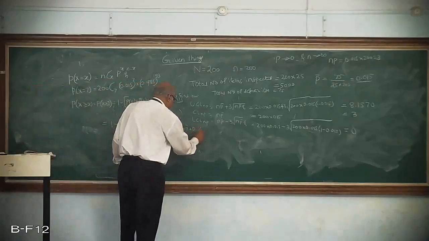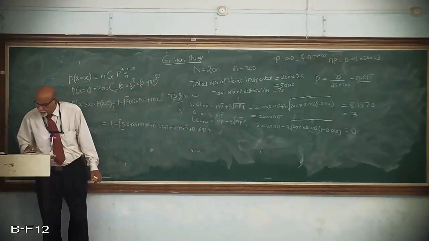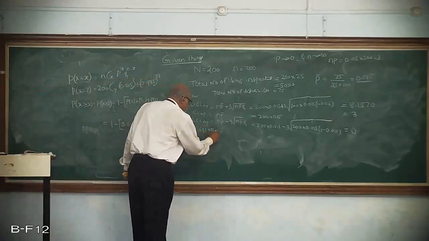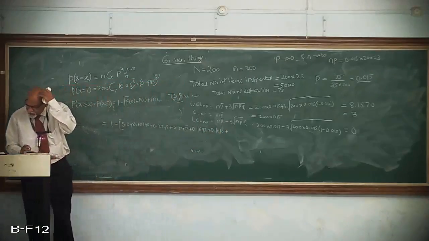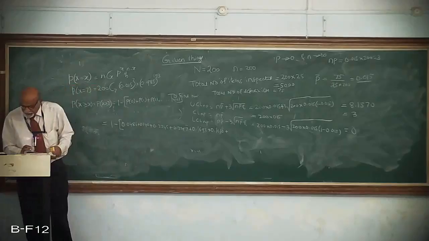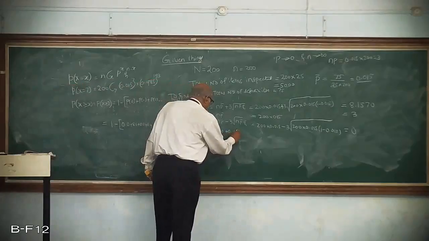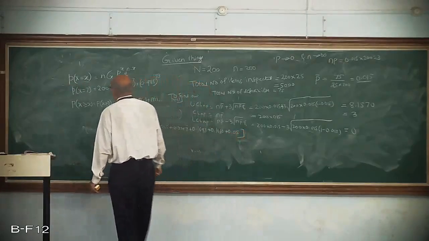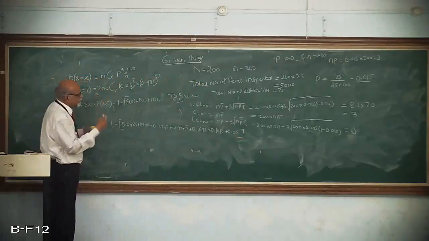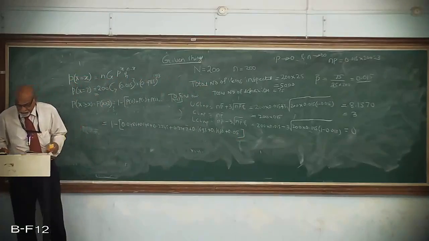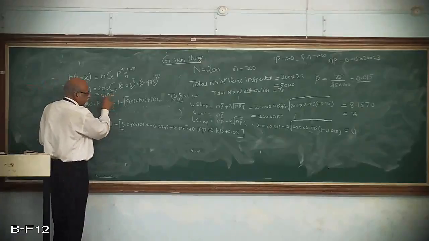P4 0.1693, P5 0.1010 and P6 0.05. And P7 we have calculated it to be some value. P7 you can calculate. That calculated value works out to be 0.02.